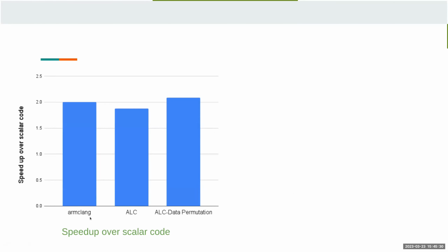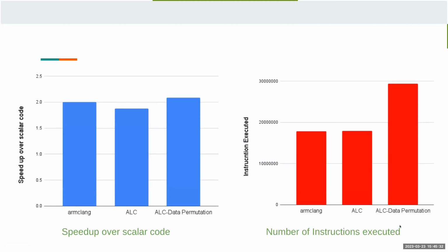And this is despite the fact that we are executing so many more instructions. ALC, the previous version, and ARMClang are executing quite the same number of instructions, but the data permutation version, because it is loading excessive data and permuting every single vector of data, adds so many more instructions to the logic.